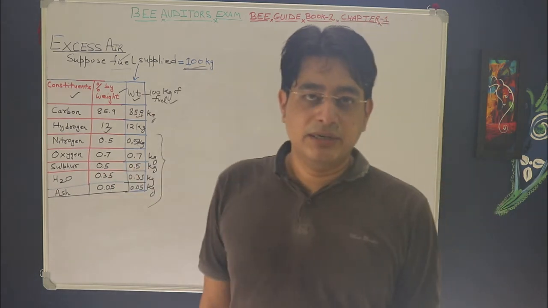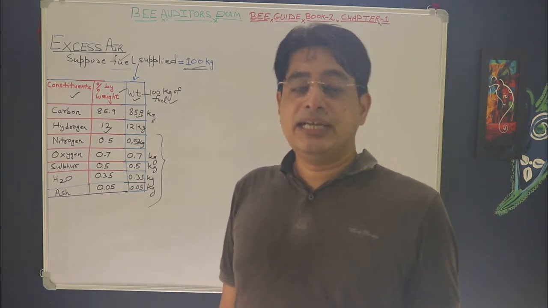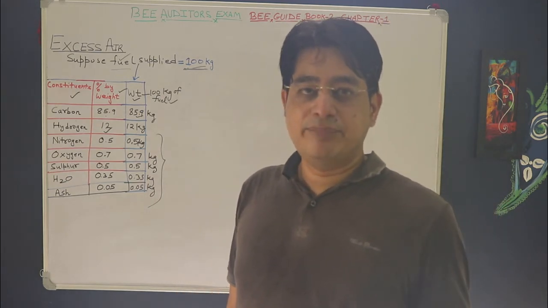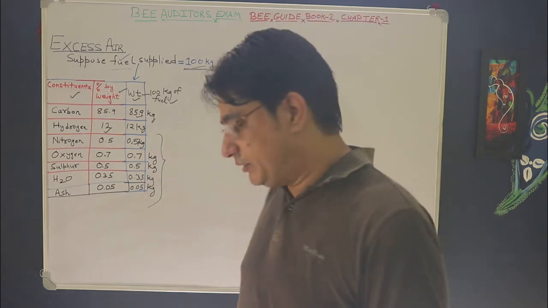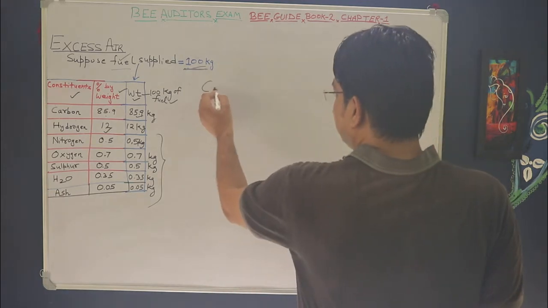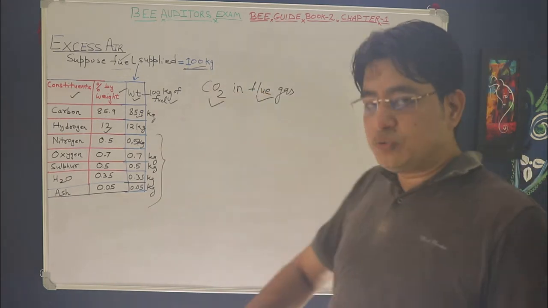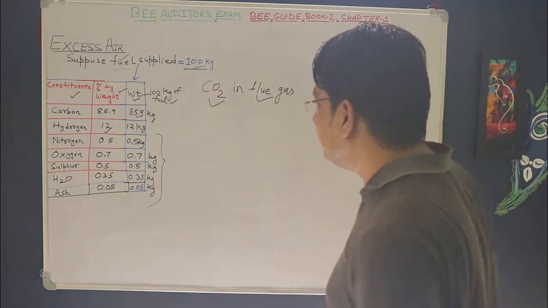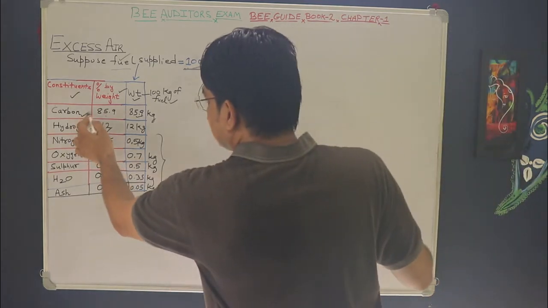And friends, remember, for calculation of theoretical CO2, I will proceed in the same way as I have proceeded for calculation of theoretical oxygen. So now it is very much clear how you will be getting CO2 in flue gas. The only constituent which is responsible for the formation of this CO2 is carbon.